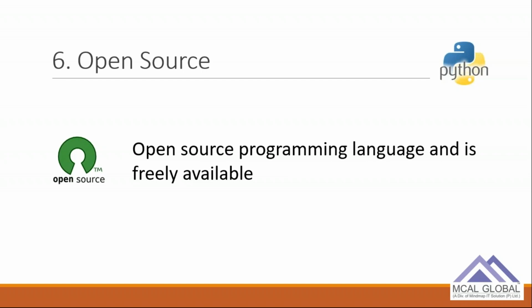So Python is open source. What do you mean by open source? It means that anyone can contribute. For example, if you have developed a package or an algorithm yourself, you need to put in your request, and Python can approve it. If they see that it is valuable, they can put it on their platform.